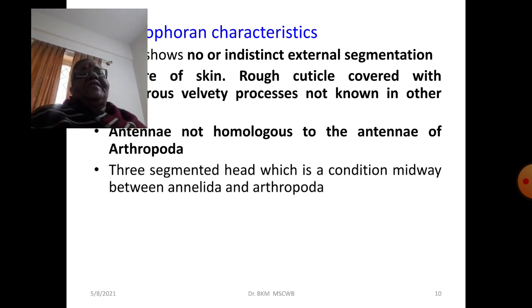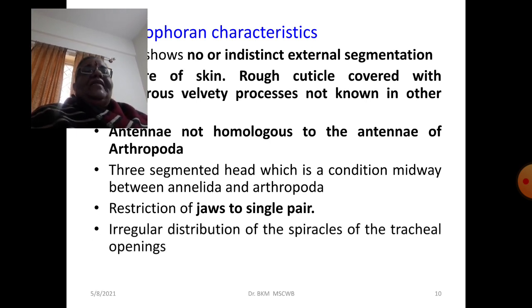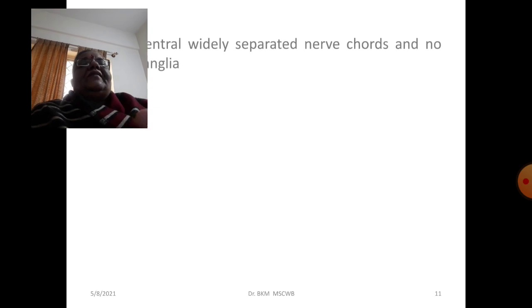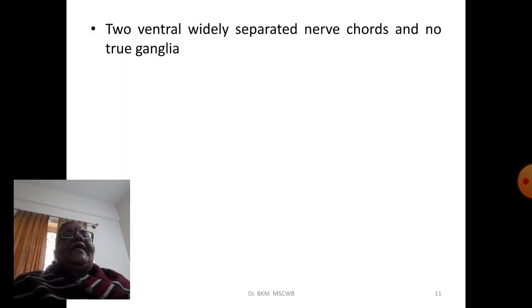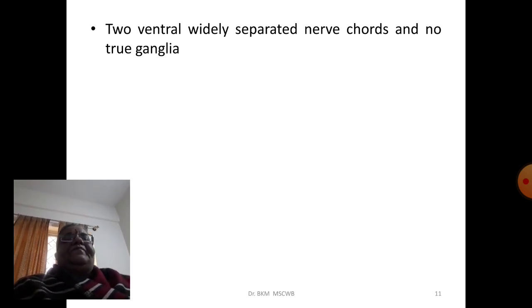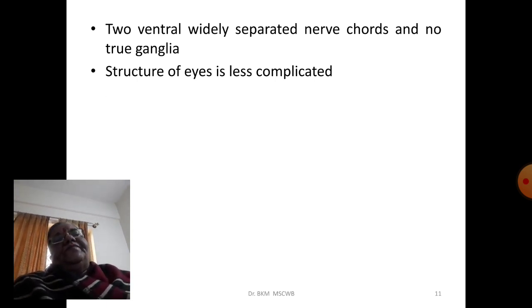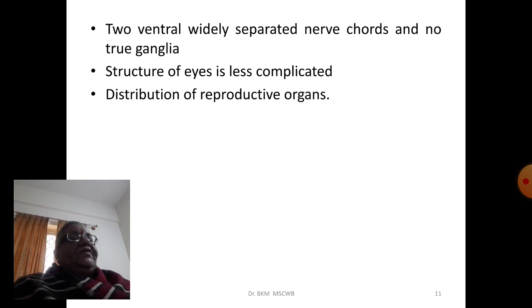Then you find a three-segmented head, a condition intermediate to annelids and arthropods. Then restriction of jaws to a single pair. Then irregular distribution of spiracles, the tracheal openings, which is definite in the case of arthropods. Then two widely separated nerve cords and no true ganglia. Then the structure of eyes is less complicated. Then distribution of reproductive organs.